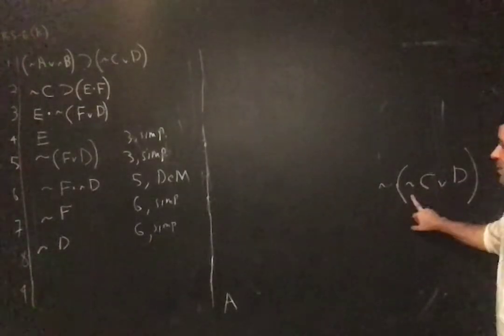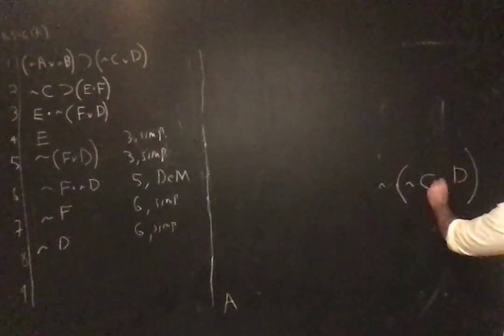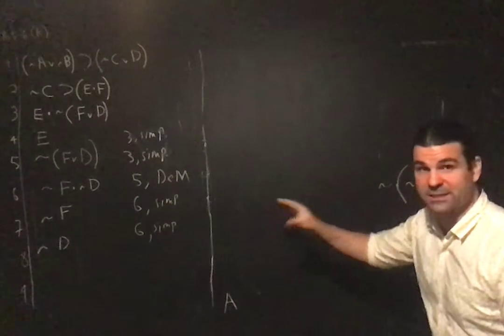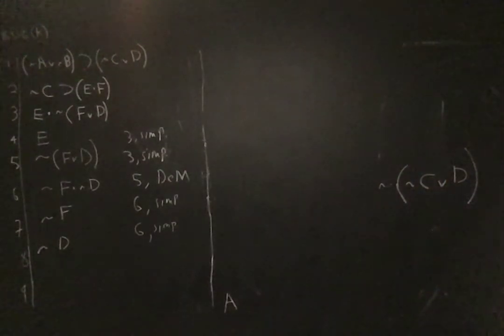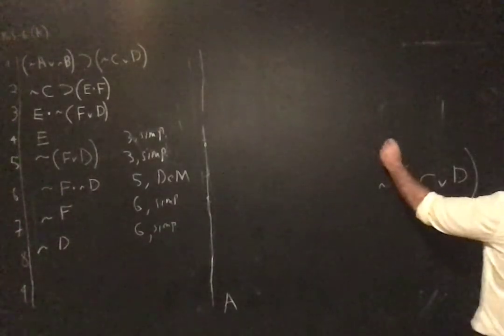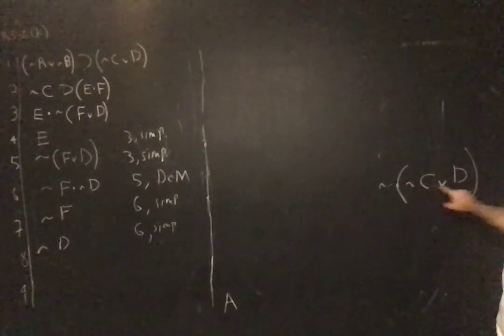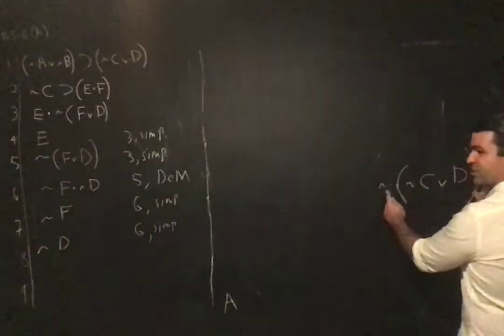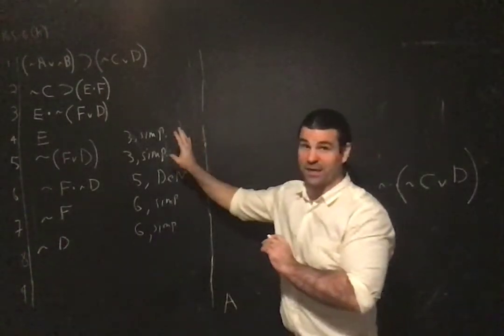All right, so how do I get this? Now all my attention goes to this. This is a negated disjunction. It's put over here, it's not on the proof because I've determined that I need this. But how do I get it? Well, first of all, let me check to see if this formula, maybe minus a negation, or something very close to it, occurs as a block anywhere else.